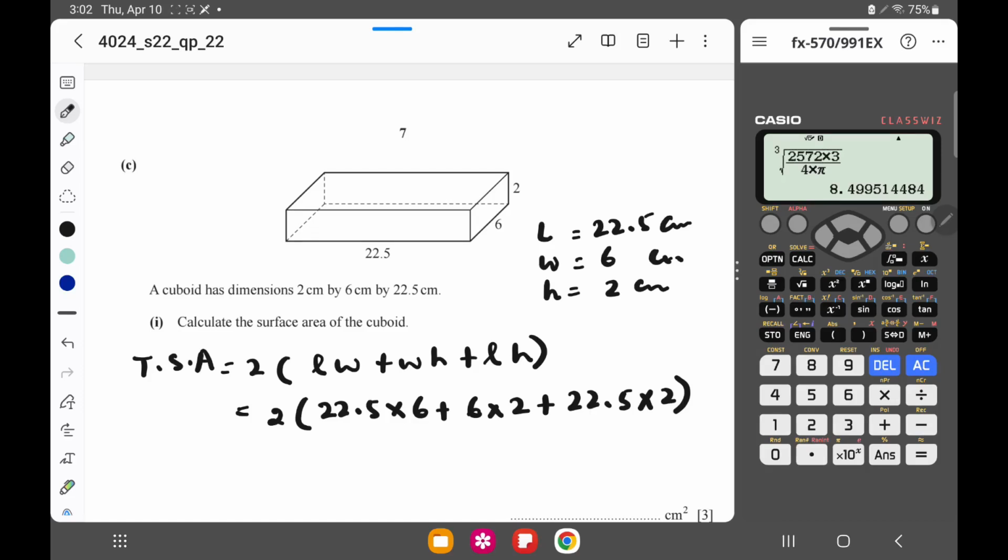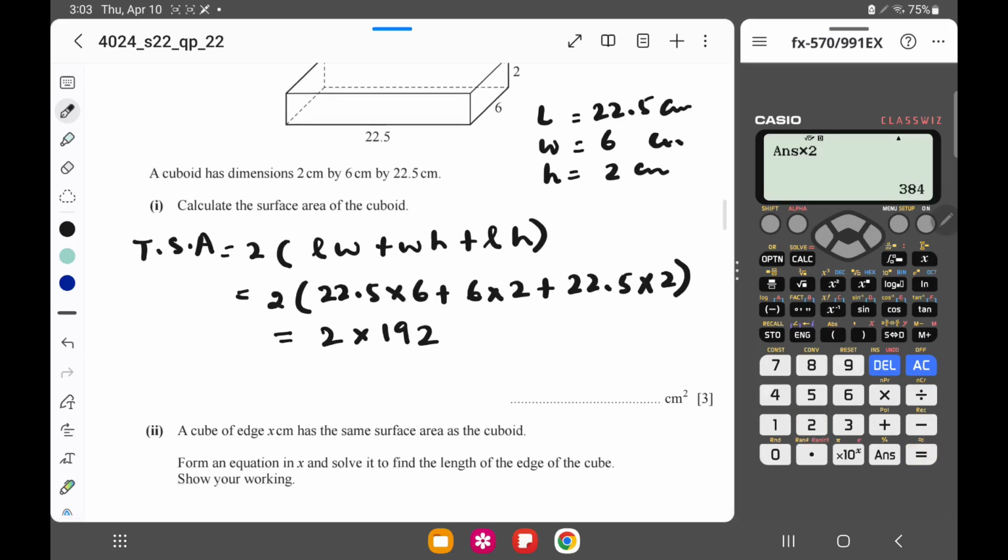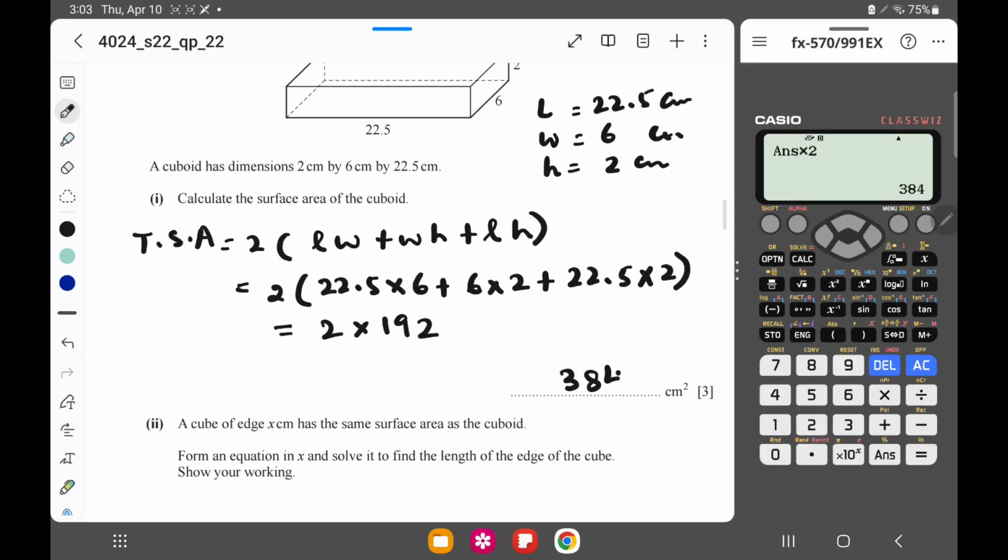You can find it out in a few steps. So this is 22.5 times 6 plus 6 into 2 plus 22.5 into 2. Careful. This is 192. 2 times 192, that is equal to 384 square centimeter is the answer for this part.